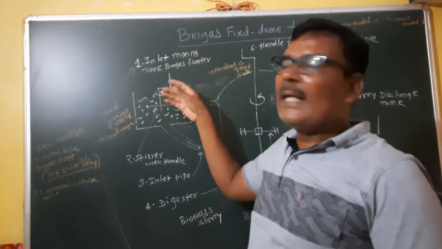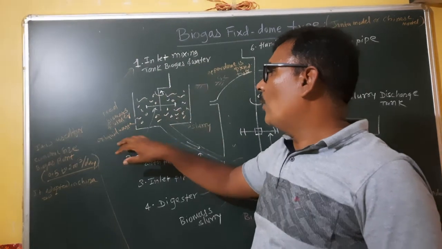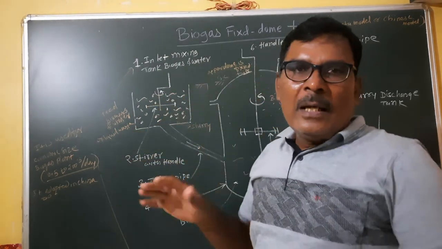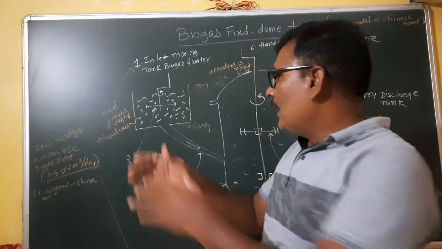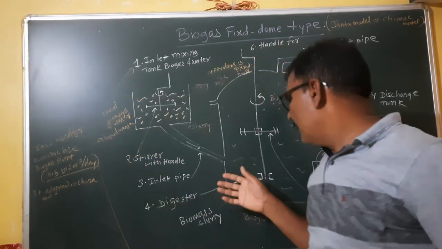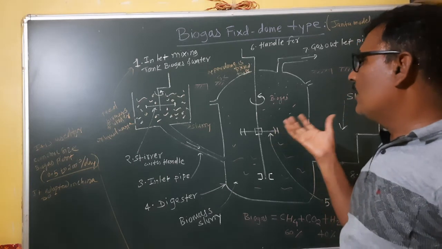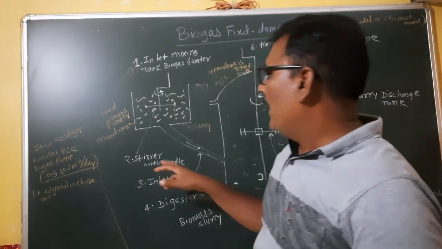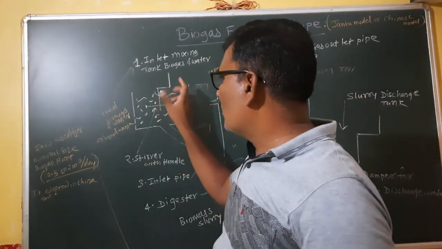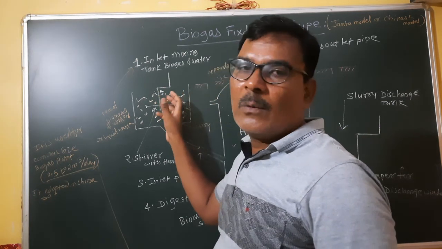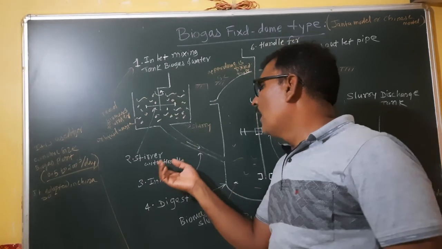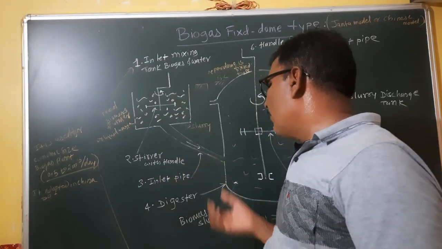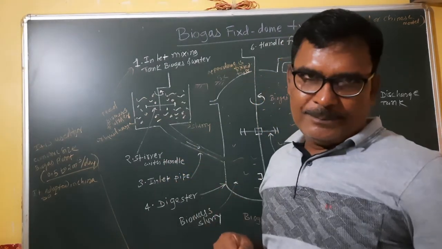In that we feed biomass and water and liquid waste, and they are stirred. The slurry is produced, and that slurry is fed to this fixed dome through a stirrer with handle. Here we stir the slurry, biomass and water waste to form a liquid waste, and that liquid waste slurry is fed through the inlet pipe to the digester tank.